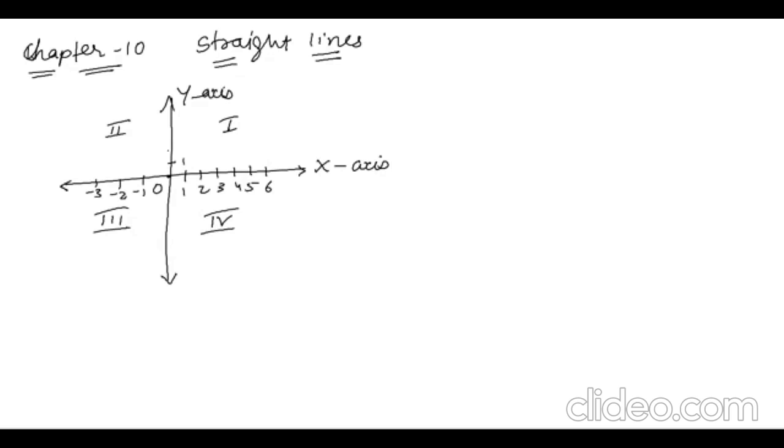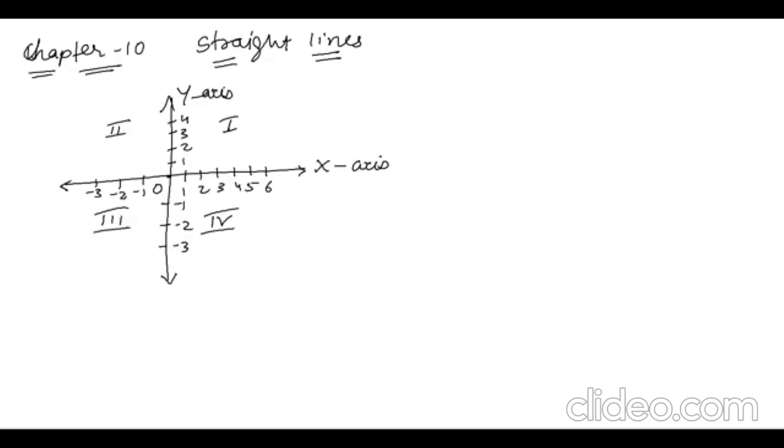Here we will take positive values of the y coordinate. Here we will take negative values of the x coordinate. Sorry, here positive values of the y coordinate. Here negative values. So above the x-axis are the positive values, and below the x-axis are the negative values.